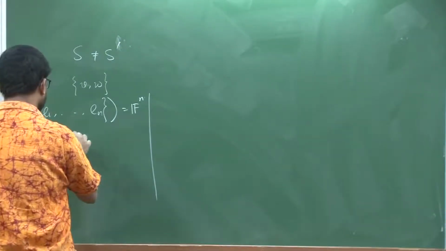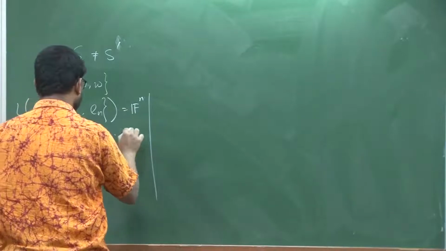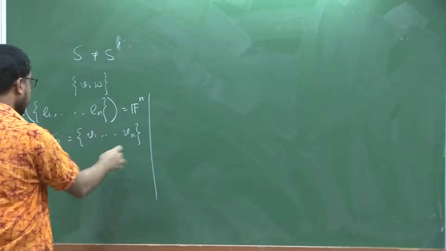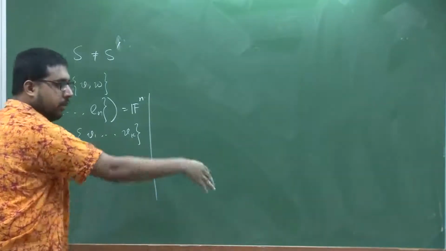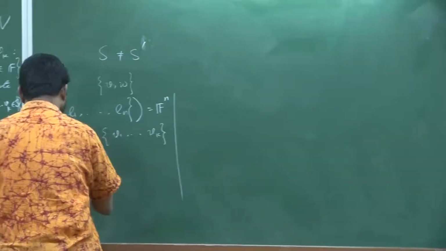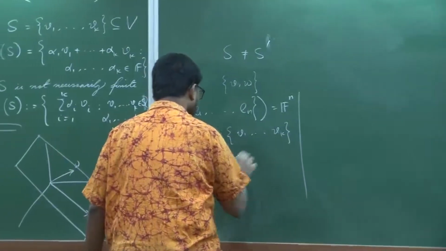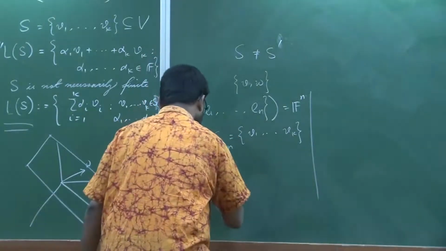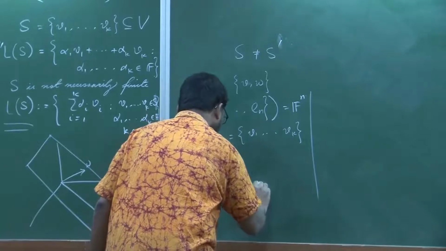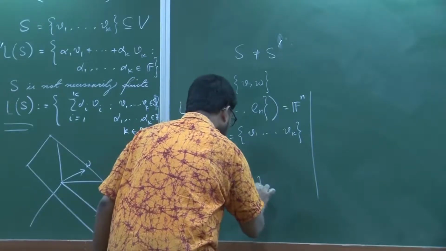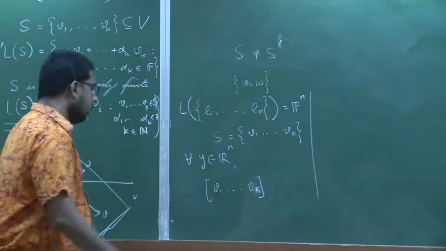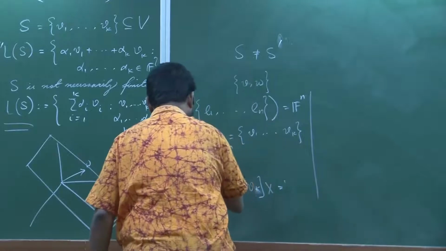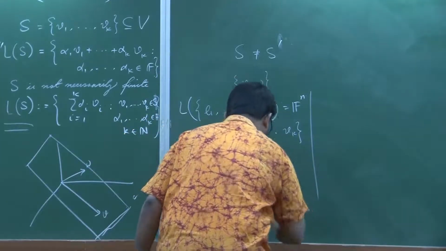If you remember, exactly what we discussed a few minutes back, a set V1, V2, Vk will span Fn if for every y in Rn the equation, where the matrix is formed by V1, V2, Vk as columns, matrix times x equals y, has a solution.